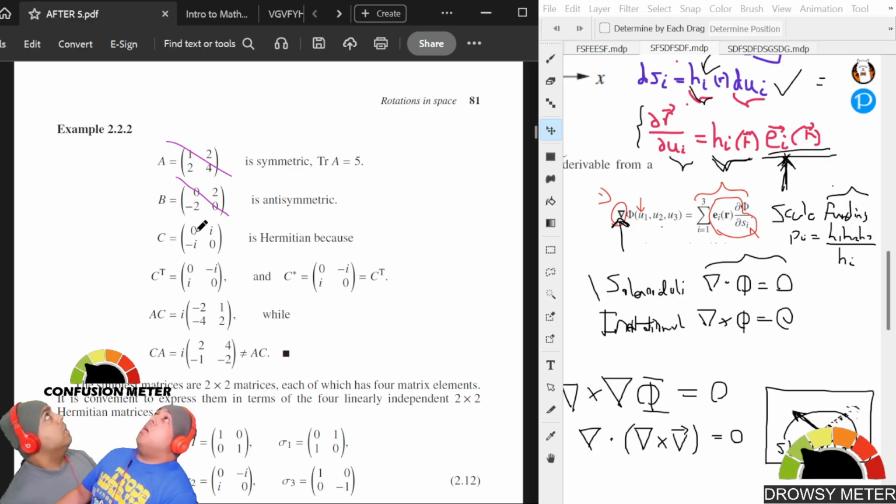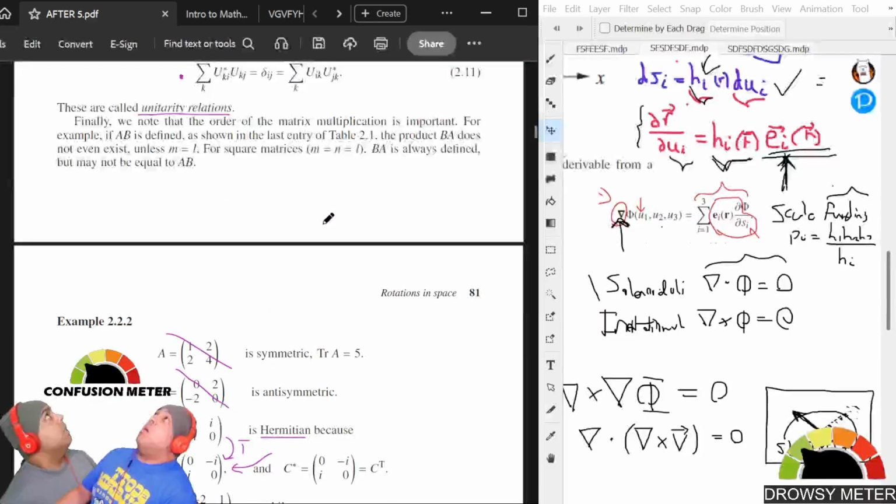This is Hermitian. C is Hermitian because if you transpose it, so this is transpose, and then you conjugate it. Conjugate this thing. It's Hermitian because C transpose equals this and C conjugate equals this, which is equal to C transpose. Okay.